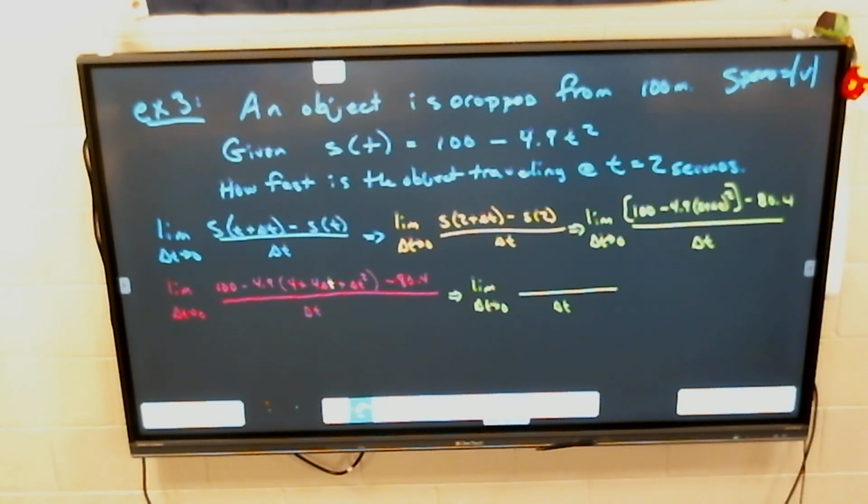Take the negative 4.9 times each one of those. Just multiply it out. Where'd you get 1.5? You can't, because you have to distribute first. So 100 minus, and then distribute.